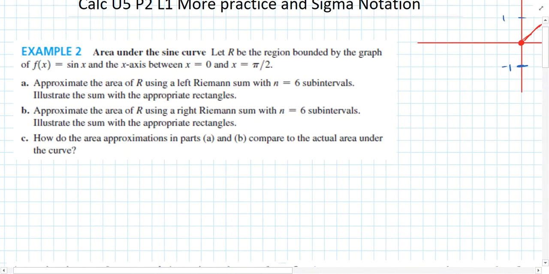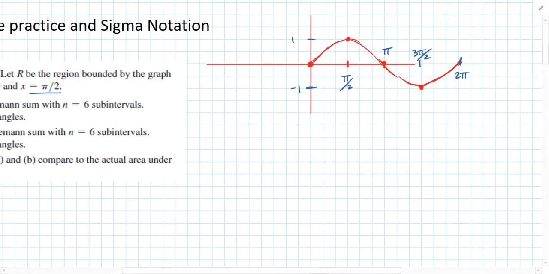In this example we're talking about the region R that's being bounded by the graph f of x equals sine of x, so we just sketched that. So between that graph and the x-axis, in between x equals 0 and pi over 2. So between x equals 0 and x equals pi over 2, the region bounded by the graph and the x-axis is right here.